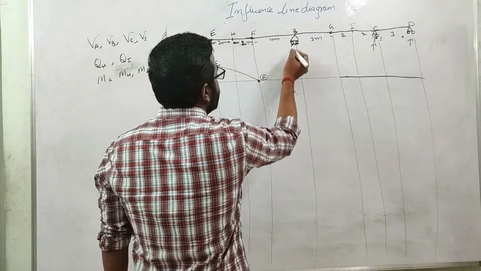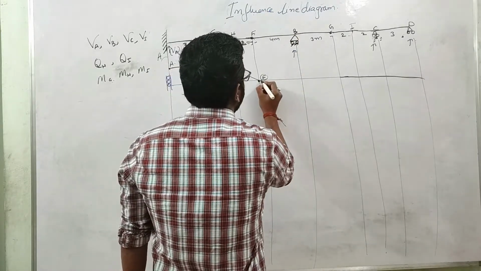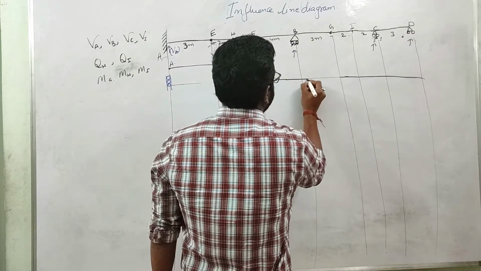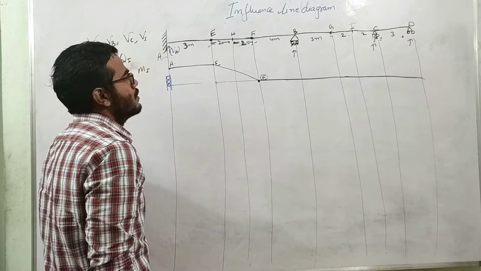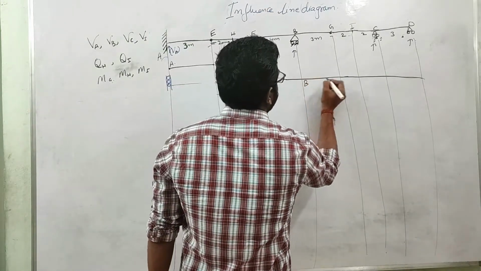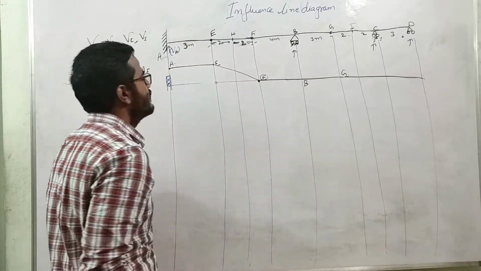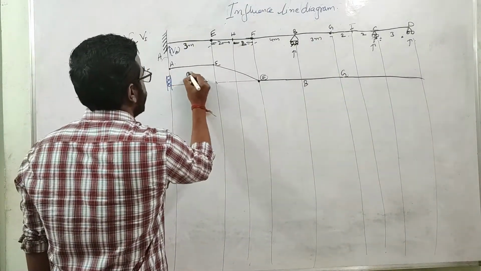This portion at B also cannot move up and down, so it will also remain a straight line. You can see that this is point B, this is point G. So this is the influence line diagram for the vertical reaction at point A.